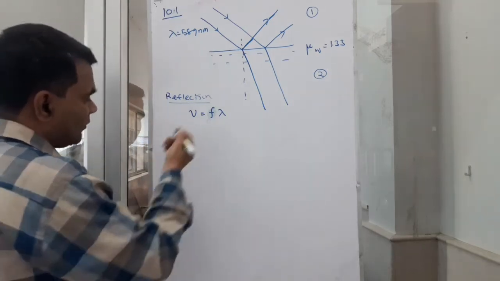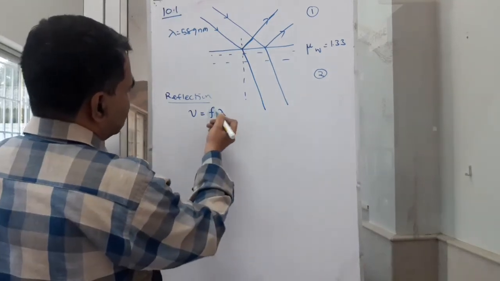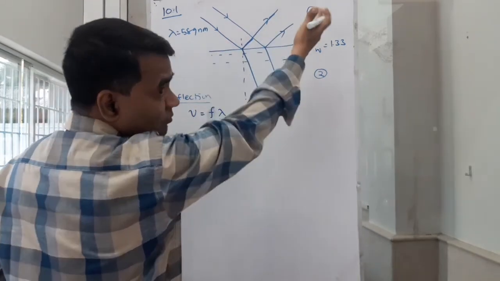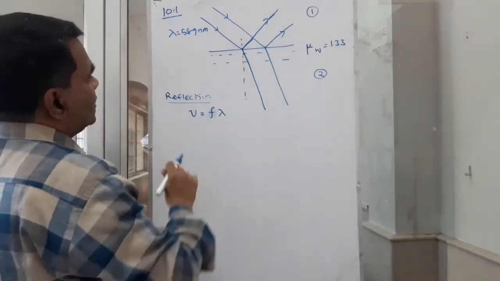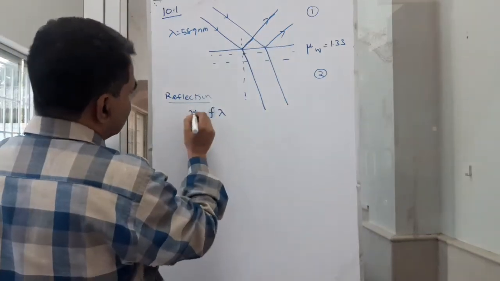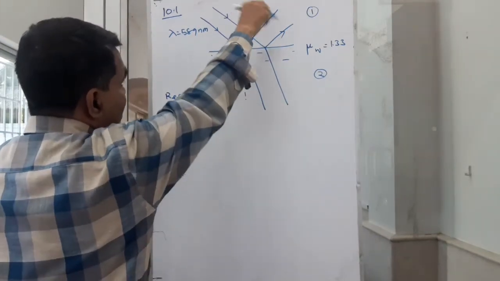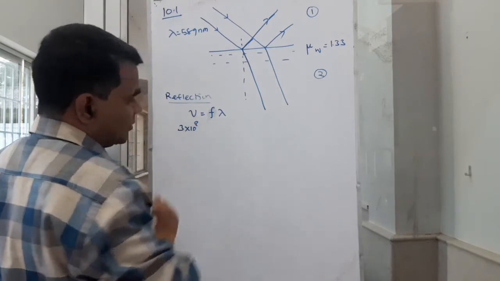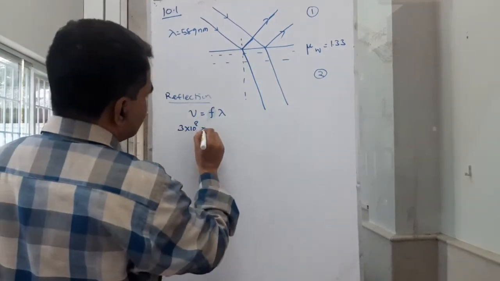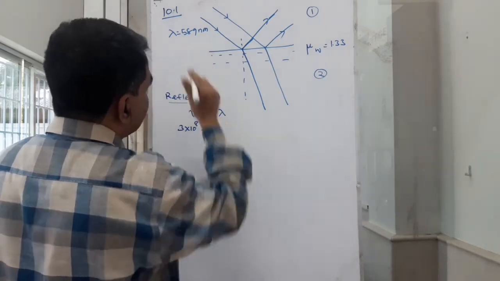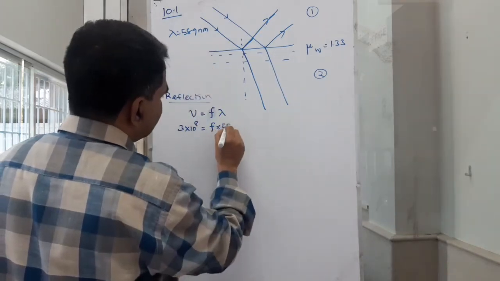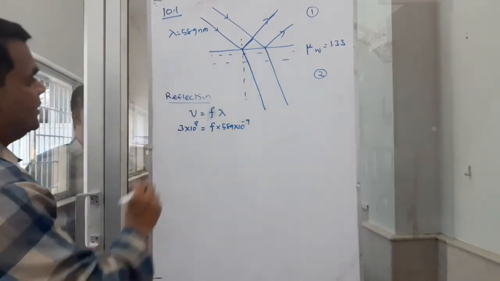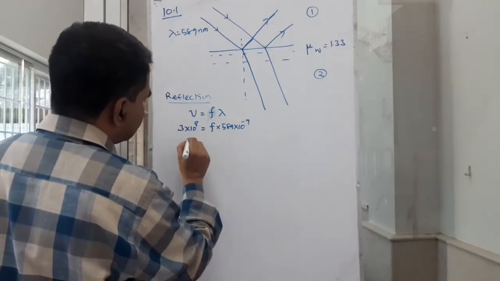Then what happens? Here I'll consider this to be air or vacuum, either is almost the same. So speed of light in air or vacuum is roughly 3 into 10 power 8 meter per second, and that is equal to the frequency times lambda, which is 589 into 10 power minus 9 meters. From this you can find the frequency.